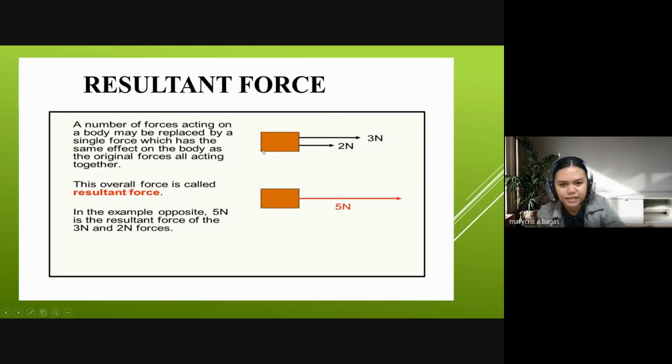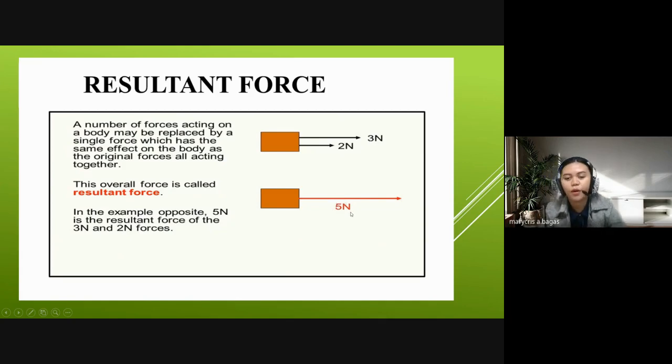Okay, in this one you can see the orange box. There are two forces affecting the box, 3 newtons and 2 newtons. If you add 2 plus 3, we have 5.